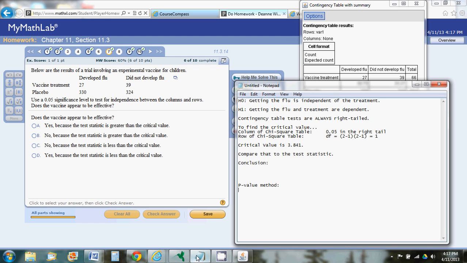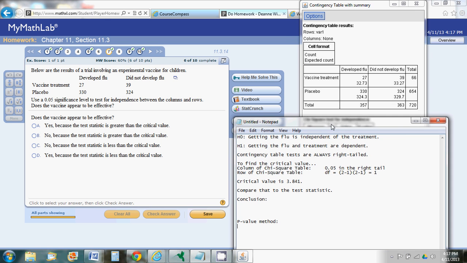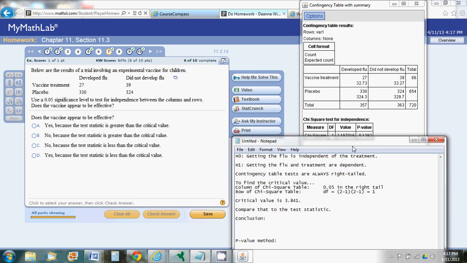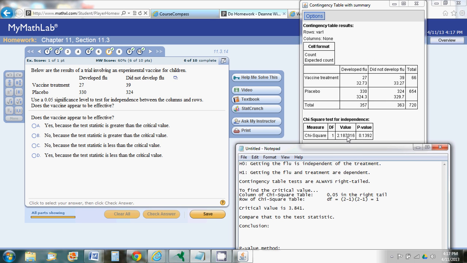If we compare that to our critical value, we can see that this test statistic is less than the critical value, which means it's not going to be more extreme or in a critical region. So our conclusion would be that we fail to reject the null hypothesis. So it looks like developing the flu is independent of the treatment.